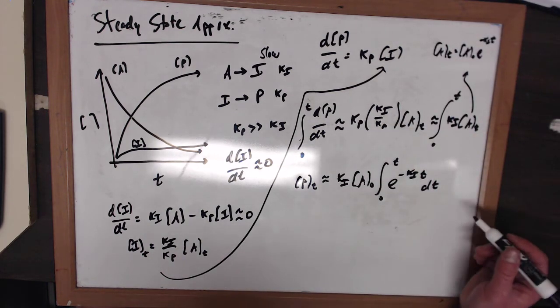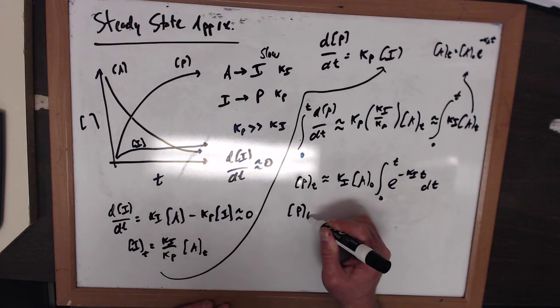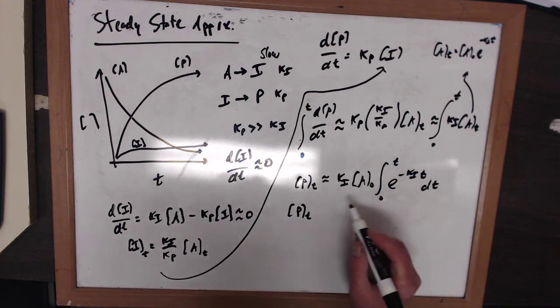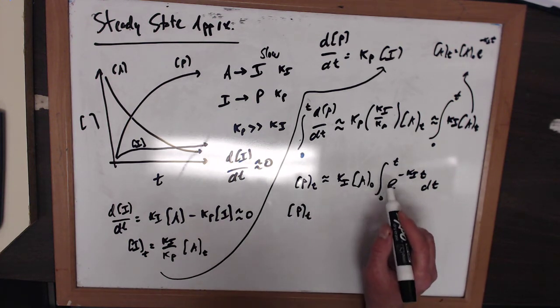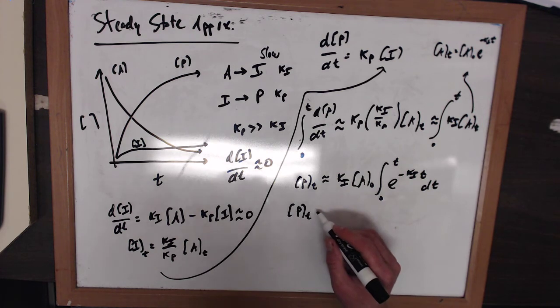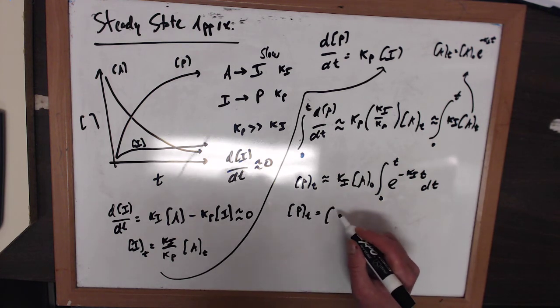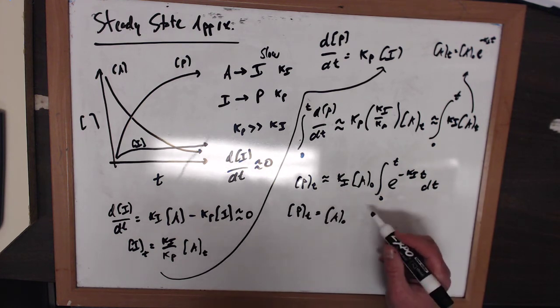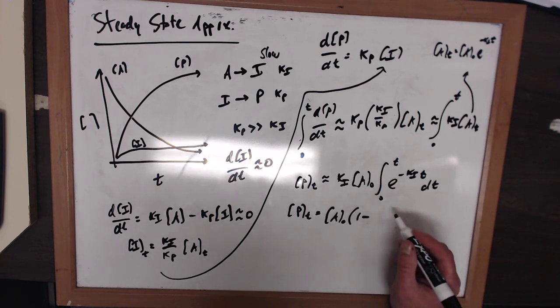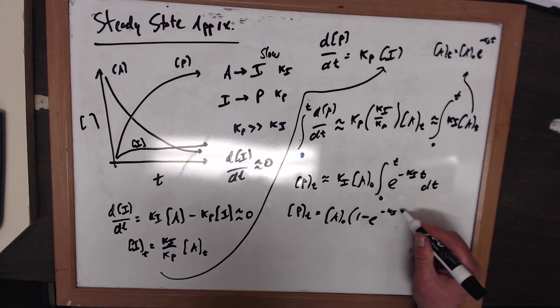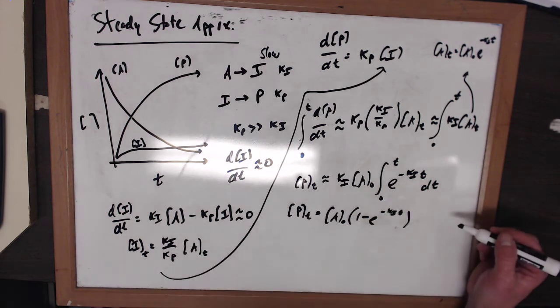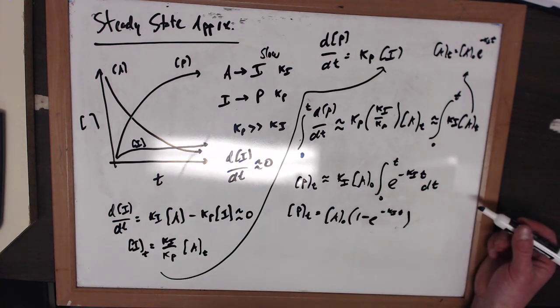And when I do that, I get P of t equals, and then apply a little bit of algebra, A initial times 1 minus e to the minus Ki t. So you should do this algebra on your own. Pause the video if you need to and see what you come up with.